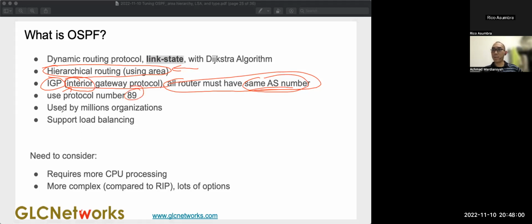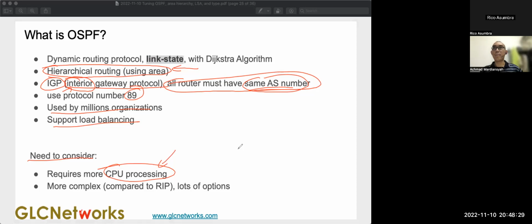It is protocol 89, used by millions of organizations, and supports load balancing. Yes, it's possible. We need to consider several things. We have CPU processing, especially if you have lots of routers, but I don't think this is a problem right now, so you can neglect it.